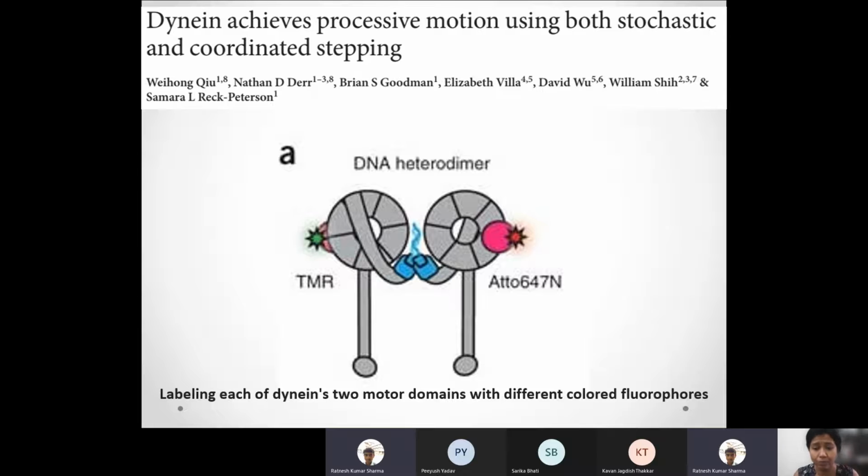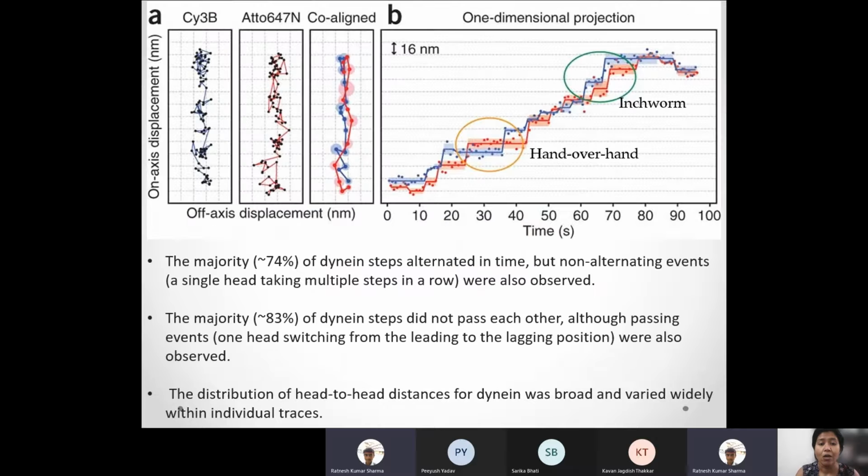And they have used TIRF microscopy, and last time I explained why TIRF, because TIRF can image fluorophores which are at the boundary of the glass and water interface, and therefore it can get rid of all the noise that occurs because of the bulk solution, and you can very precisely with high resolution image the events that are occurring very close to this glass surface.